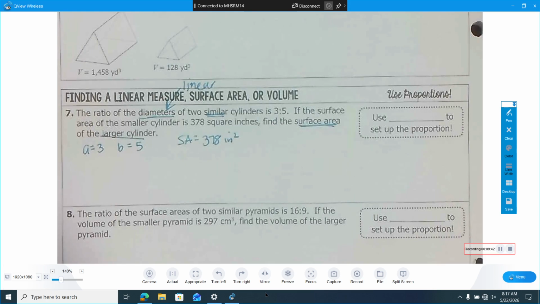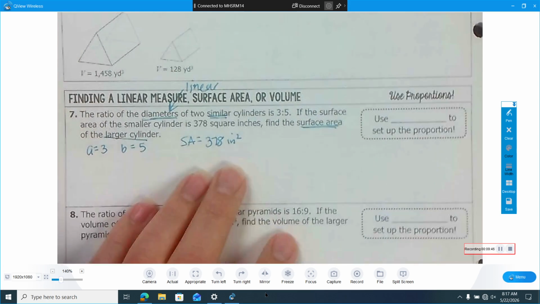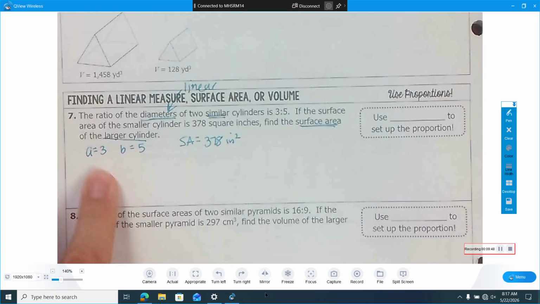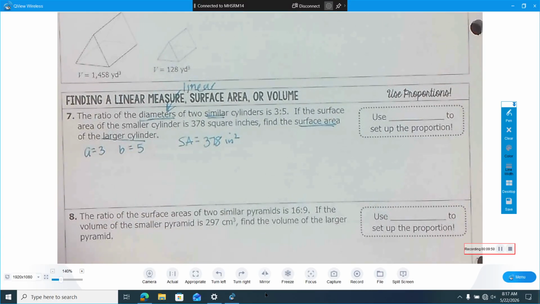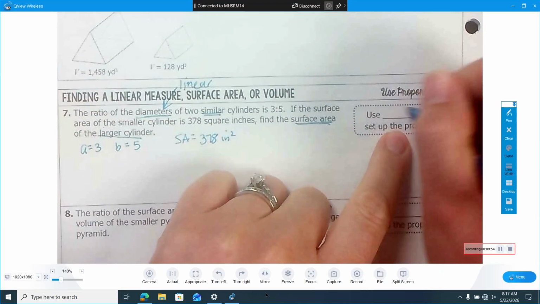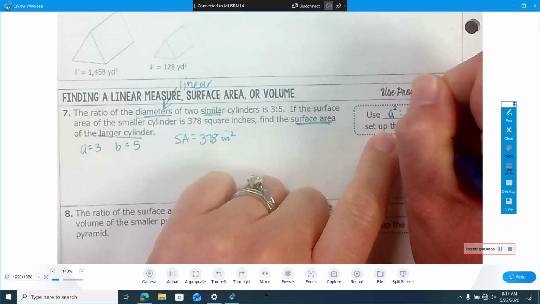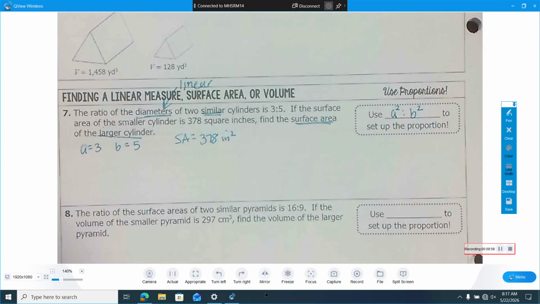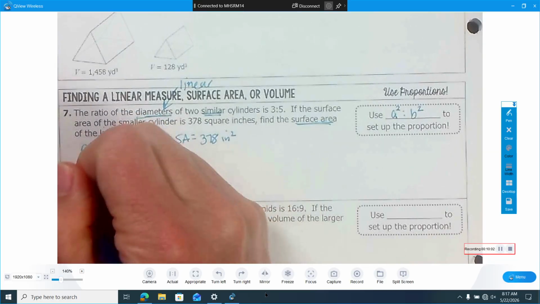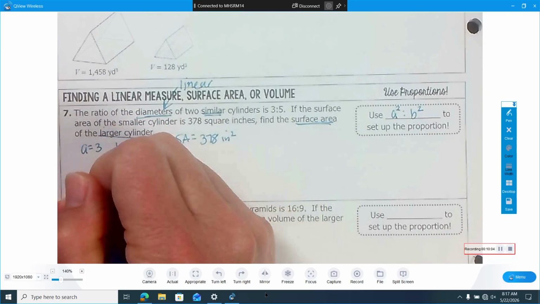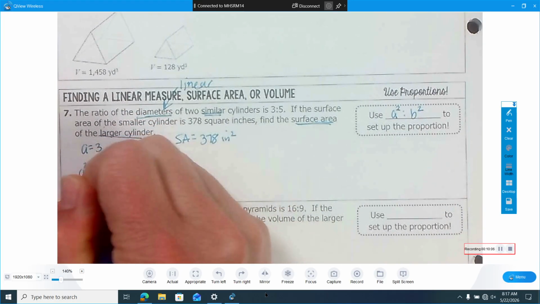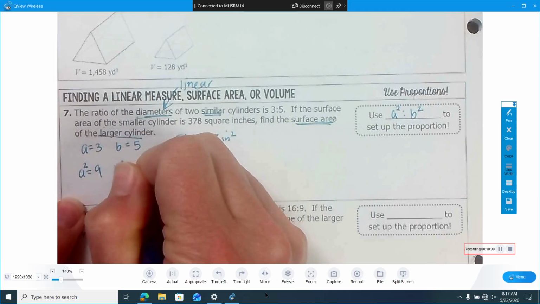I'm going to call it X. If I'm trying to find surface areas, what do I need to use to help me do that? Square it, yeah. We want to use A squared and B squared, and what we're going to do is use that to set up a proportion, all right? So what is A squared? 9.